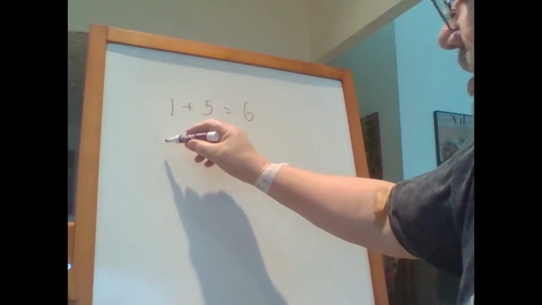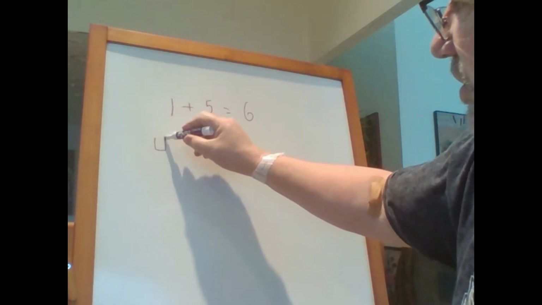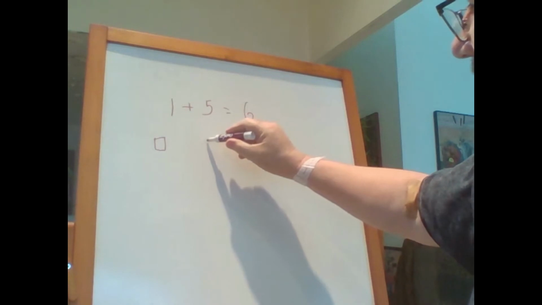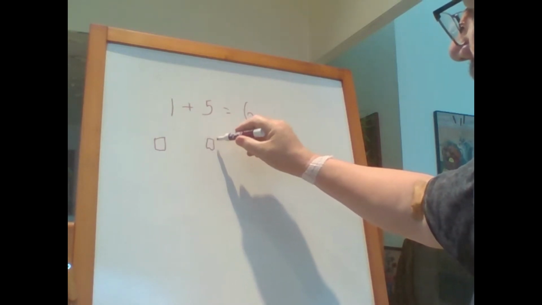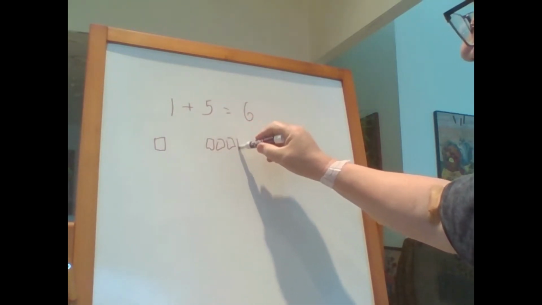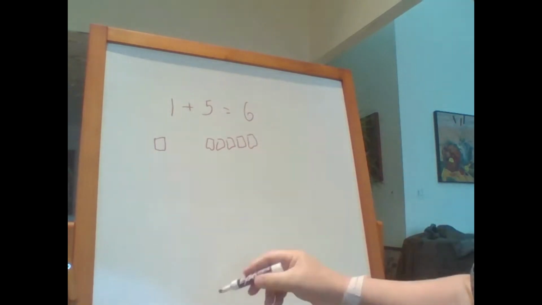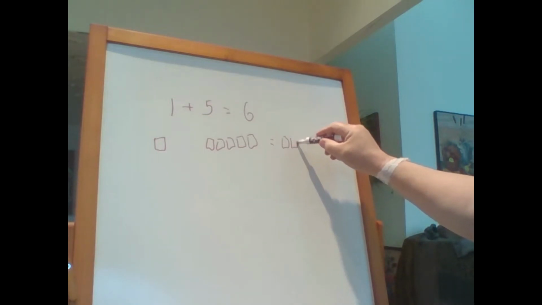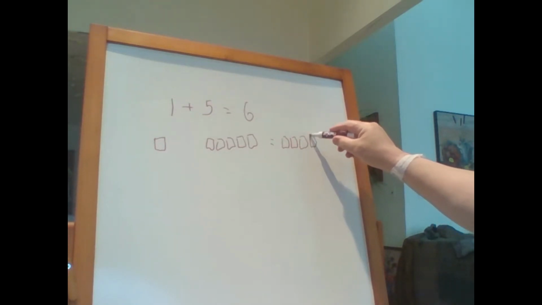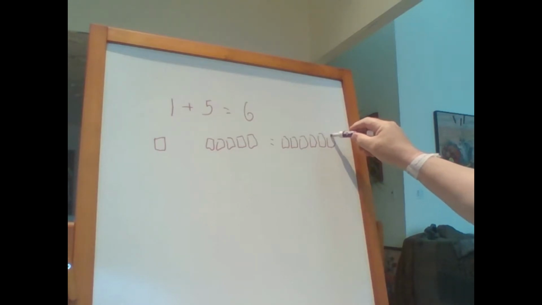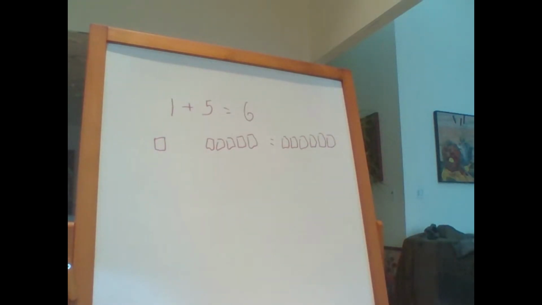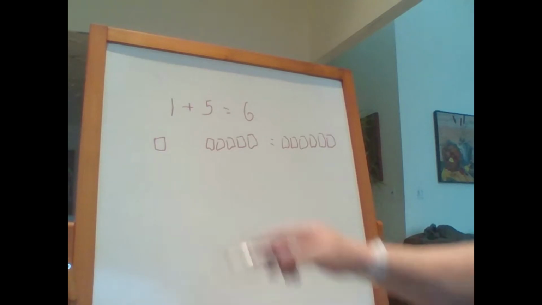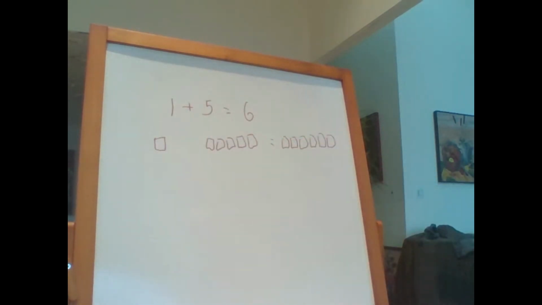If we had one widget and then we had 5 more widgets and we add them together, we end up with 6 widgets. Very simple concept. Addition is just counting, basically.